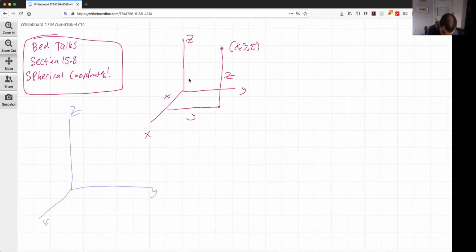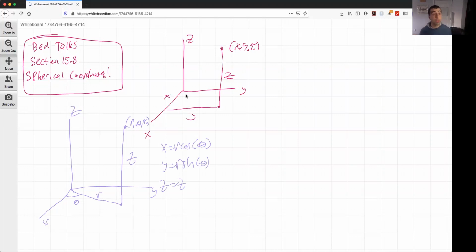I can still think about a height, but instead of the x and y, I can give you the polar coordinates r and theta, and define this as r, theta, and z. And we saw that x equals r cosine theta, y equals r sine theta, and z is equal to z. Great, so this is a way we could do this.